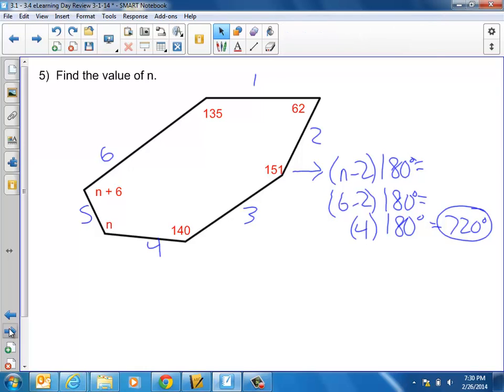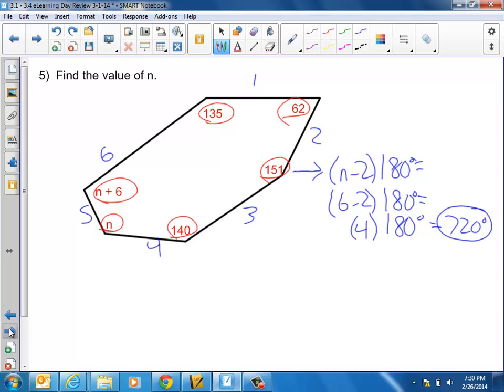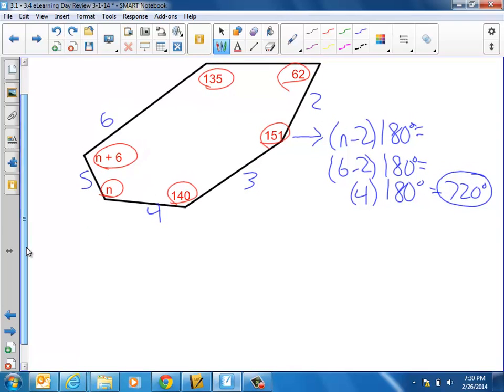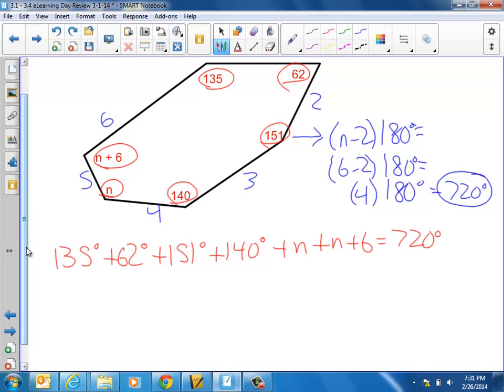All right, so if that's true, if all of these angles right here, right here, right here, right here, right here, and right here add up to 720 degrees, we can make the following equation. We can say 135 degrees plus 62 degrees plus 151 degrees plus 140 degrees plus n plus 6 is equal to 720.